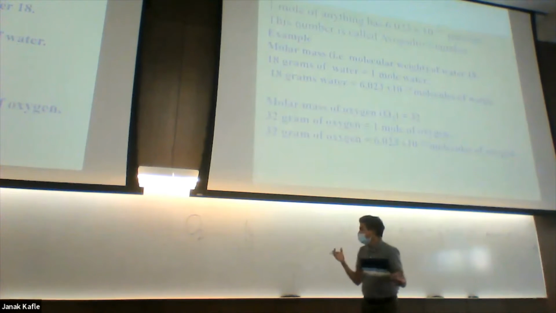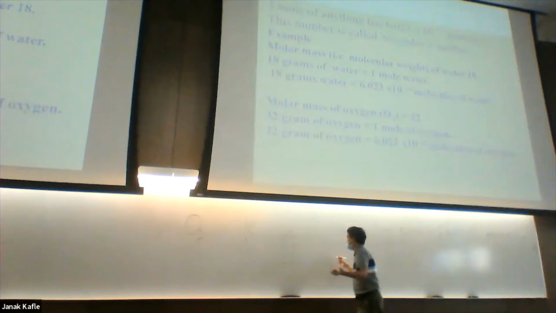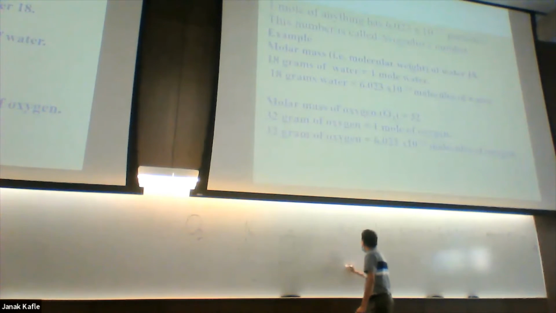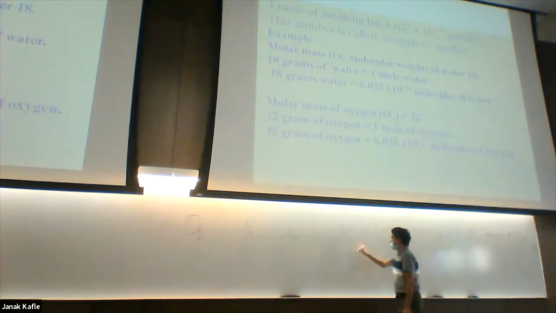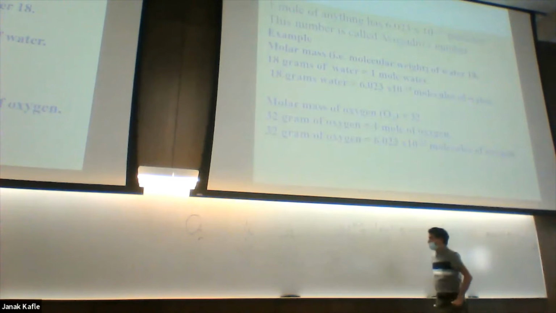So if I have a bottle of oxygen and I measure it on the balance and I find 32, I have 32 gram of oxygen there. This was water, 18 gram was water. Now I am talking about oxygen. I say I have 32 gram of oxygen in that bottle.